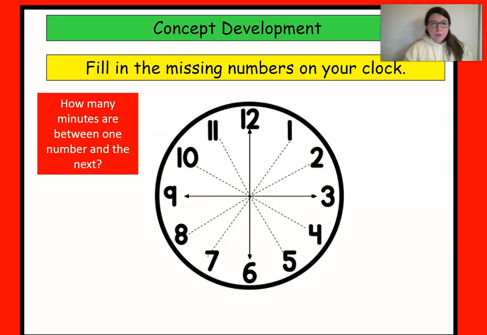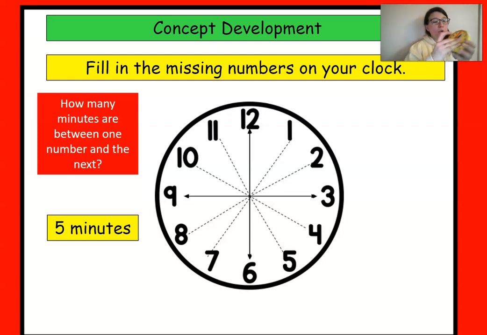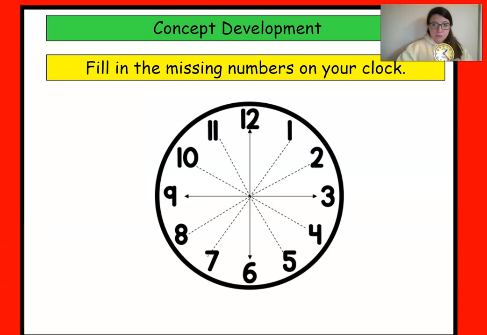What I want to talk about now is how many minutes there are between one number and the next. There are 5 minutes between each number. So from 12 o'clock to when it hits the 1, 5 minutes. 5 minutes, 5 minutes, 5 minutes, okay?